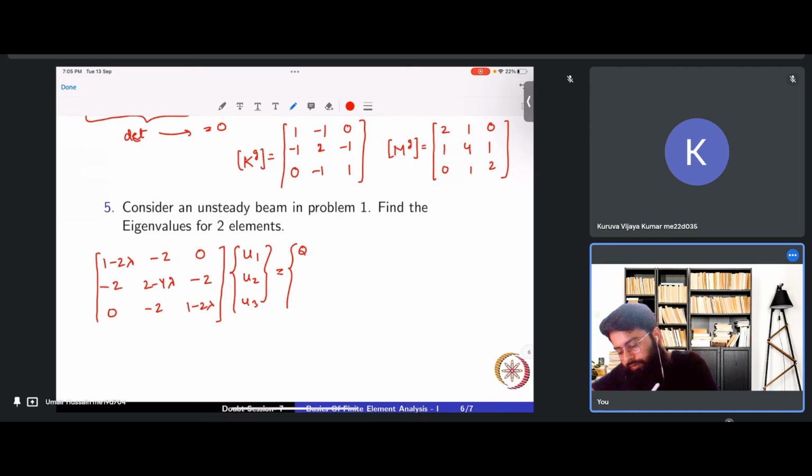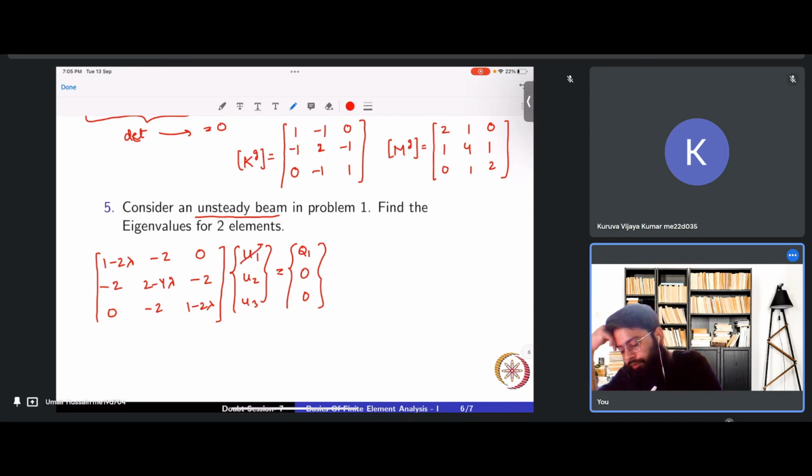We don't know q1. Let it be. This is just the first problem, but with the unsteady equation, right? So we have to consider unsteady here, and we need to find the eigenvalues for two elements. So two elements, we get three nodes, and now we'll apply the boundary condition.